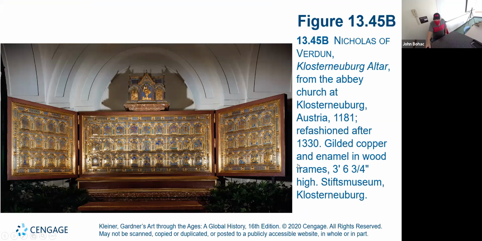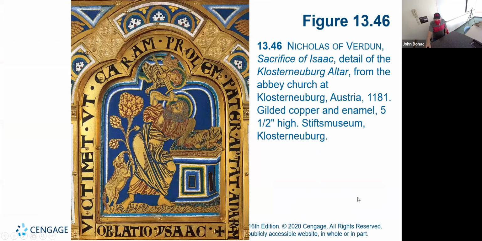This is an altar, the Abbey Church at Klosterneuburg. Sacrifice of Isaac. We know this iconography too. There's Isaac. There's Abraham. There's the angel stopping Abraham at the last moment.